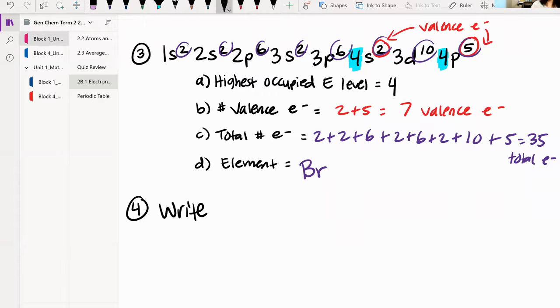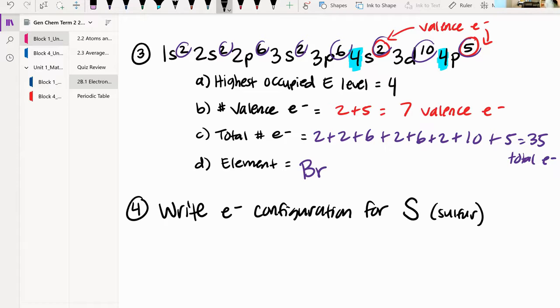We are going to write the electron configuration for S. That's sulfur. I'm going to write the electron configuration for sulfur.